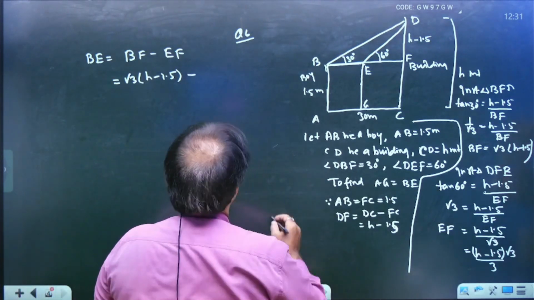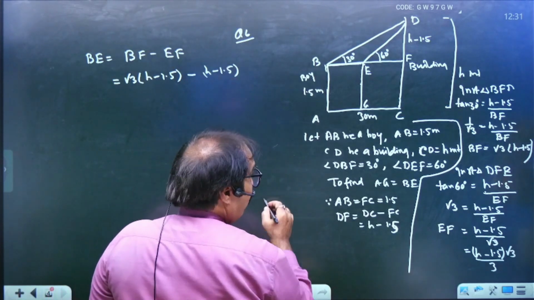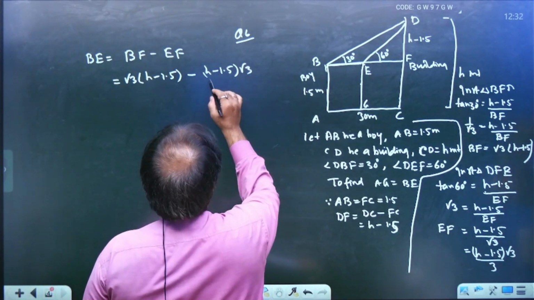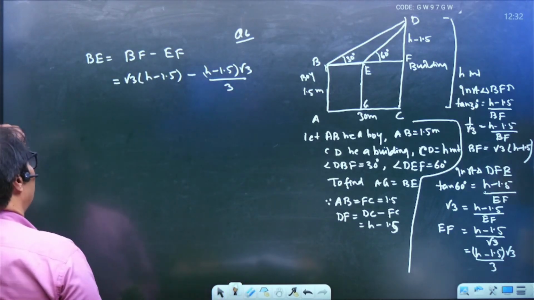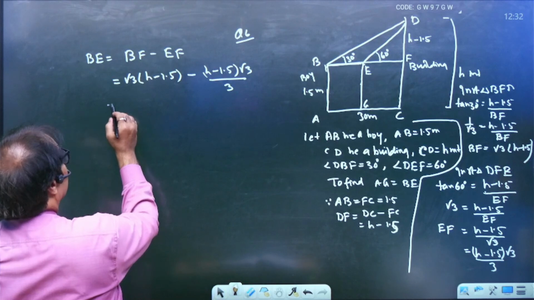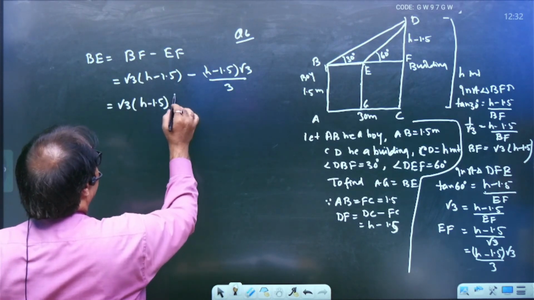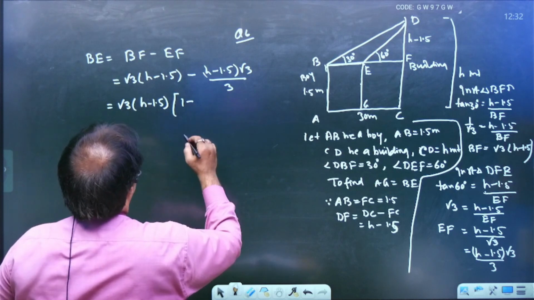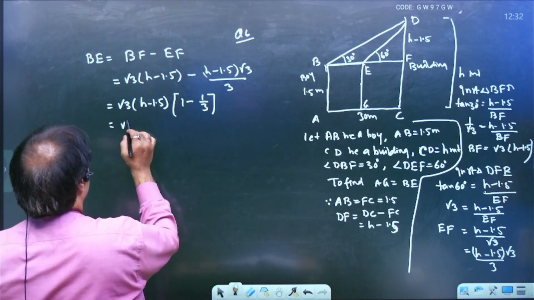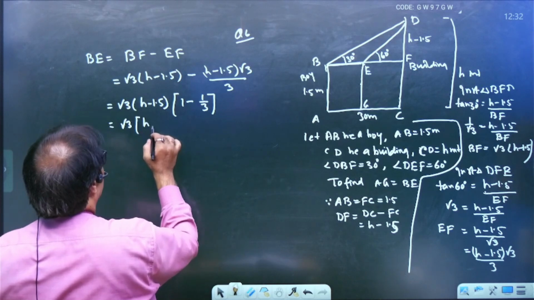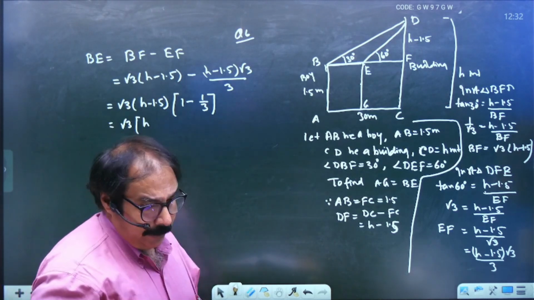EF is H minus 1.5 into root 3 divided by 3. So what is coming common? Root 3 into H minus 1.5 is common. So 1 minus 1 by 3 is left. So this is root 3 into H minus, but something went wrong.